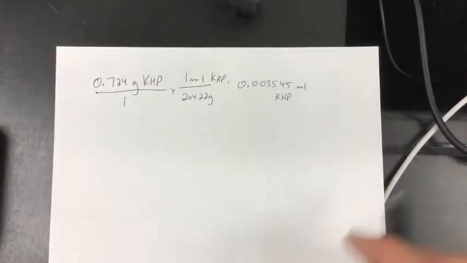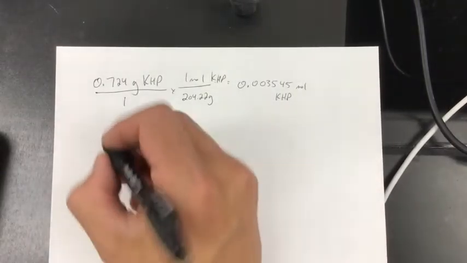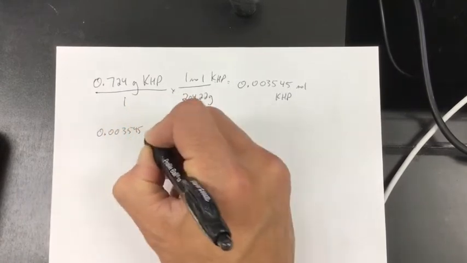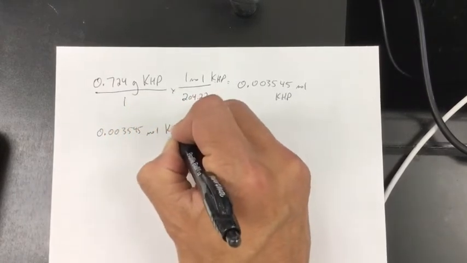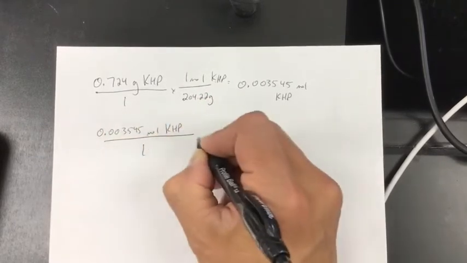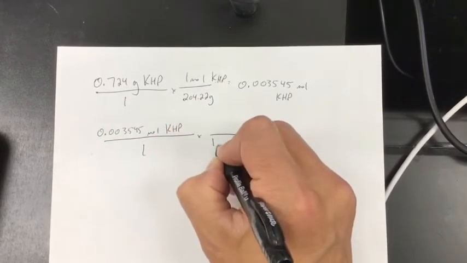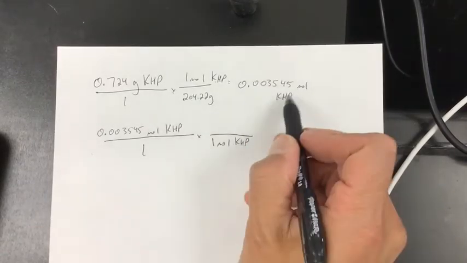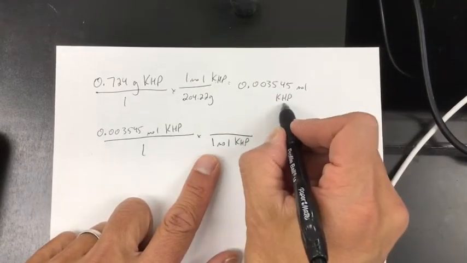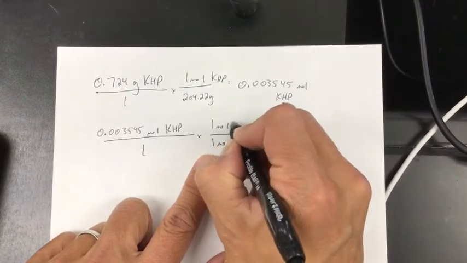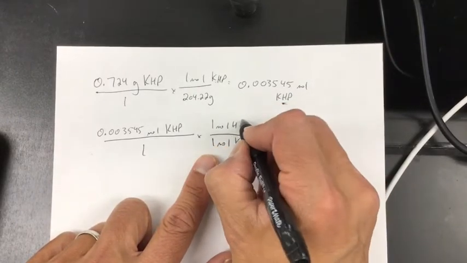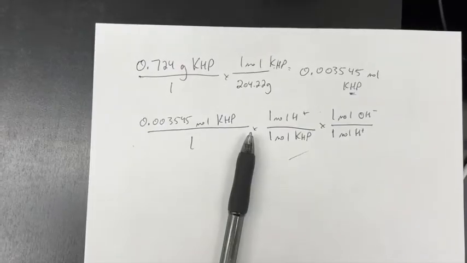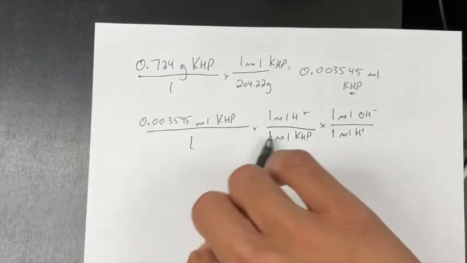So how is this all related? Well, if I have 0.003545 moles of KHP, for every mole of KHP, how much acid do I have? I have 1 mole of H plus. Okay, we're going to try this again.